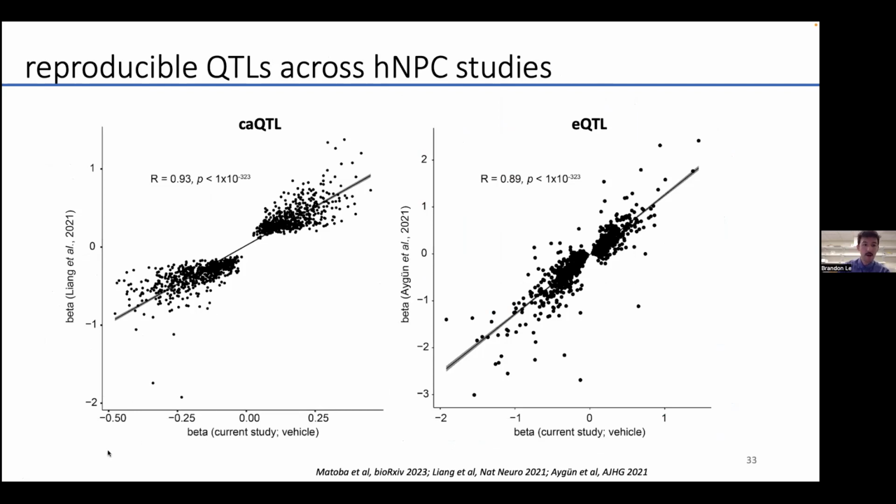What I'm showing here are scatter plots where we're plotting the effect size of a variant from our study on the x-axis, taken in vehicle conditions, compared to other baseline QTLs that were previously mapped, here from Dan's paper, looking at chromatin QTLs in our progenitors at resting baseline state, and here looking at eQTLs from Nil's paper. And we see a really strong and significant correlation of effect sizes. So we think these genetic effects are believable, in the sense that they show really strong reproducibility with previous data.